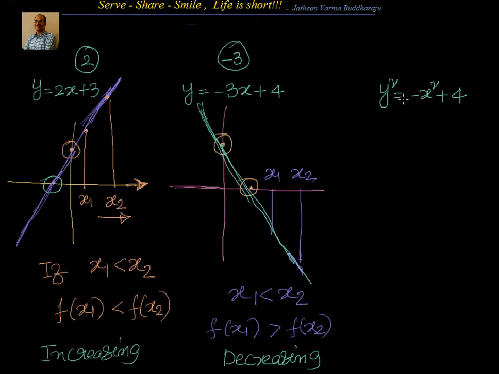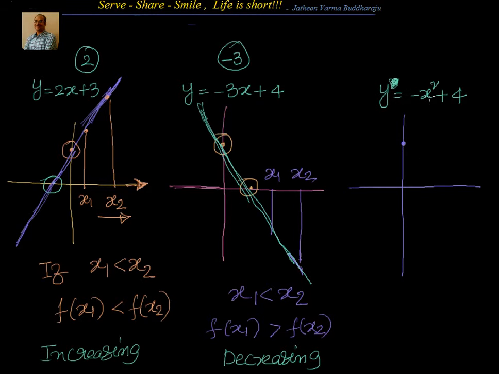Now let's go to the function we have, y equal to minus x square plus 4. Let's see how to plot that. At x equal to 0, y equal to 4. So the function will be like that.